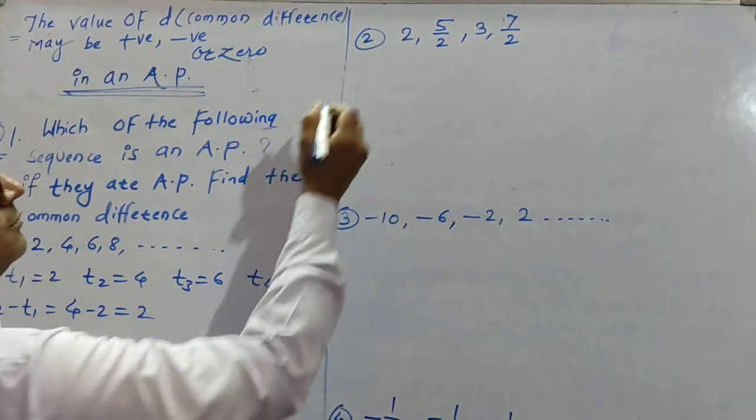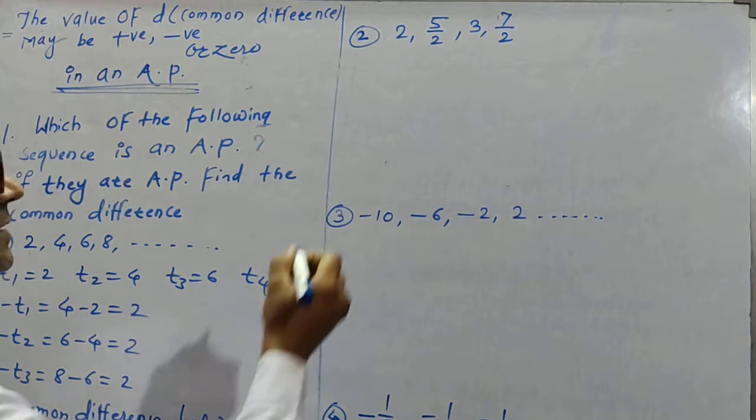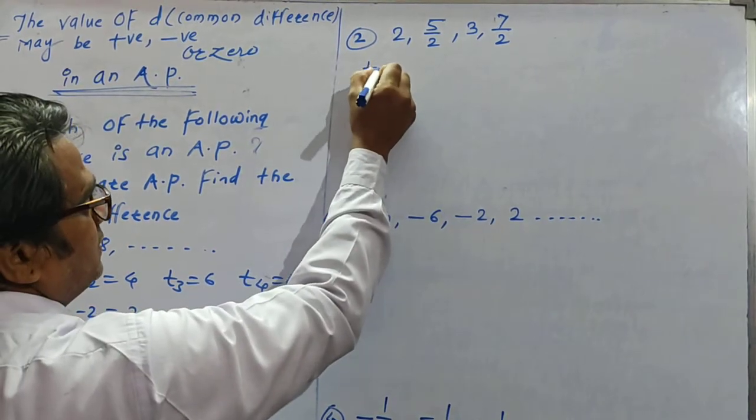This is given. Now second, now here you can see the numbers are something different.